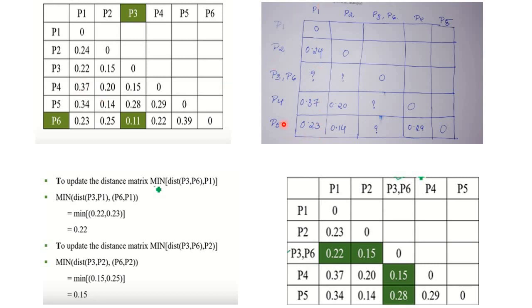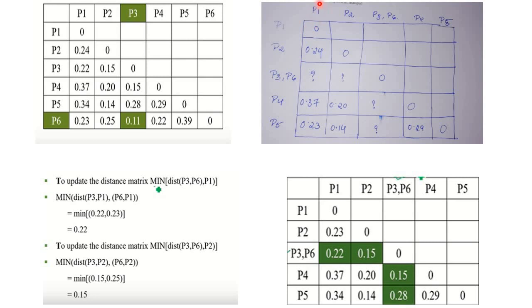P1 to P5, I have the value 0.23. Likewise, I have all other values except P3, P6, P4 and P3, P6, P5, for which I don't have a value. So all these question marks have to be filled with some value. Now let us see what value we have to fill.